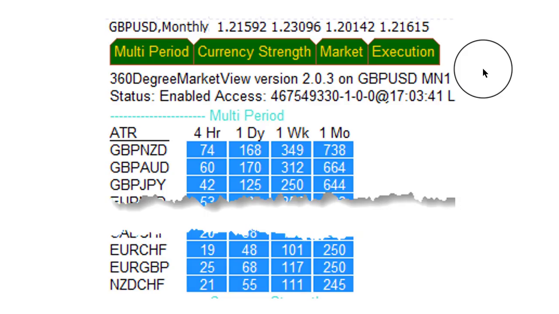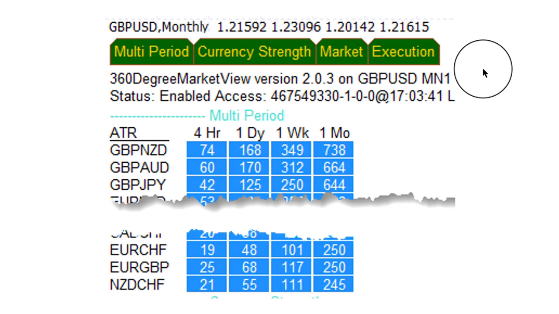Now, one of the first tools that is very popular is the ATR indicator. It stands for the average true range. And what that indicator tells you is on average, how many pips does that particular currency range by in a certain time frame. And the time frame could be 4 hours, daily, weekly, monthly, whichever way you want to measure it.